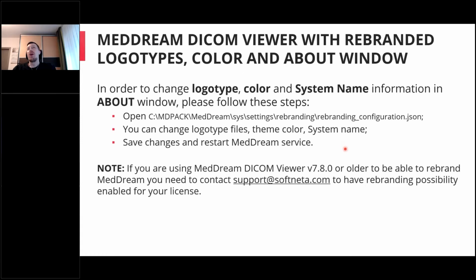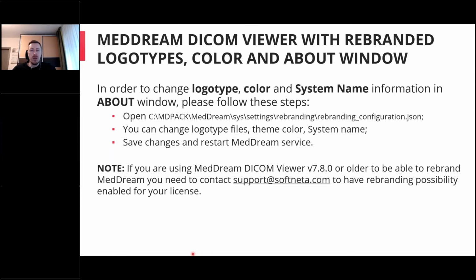So we talked about the different logos, but as you saw, it is possible to have some other color for the MedDream theme. Also, as I mentioned, you can change the system name, which would be displayed in different parts. It would be displayed in the About box, in the search results at the bottom, and in the login window.